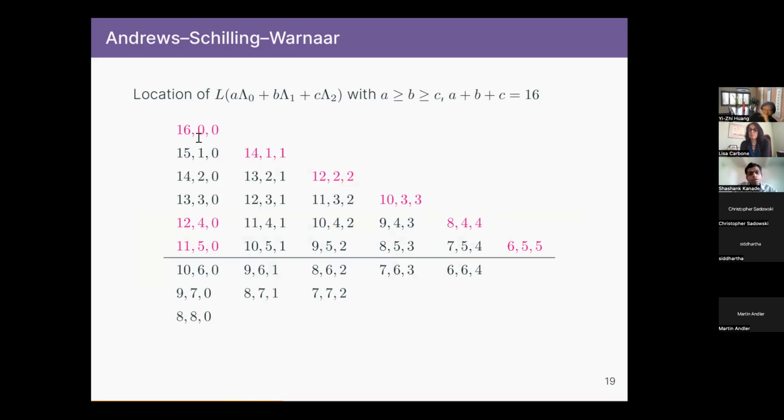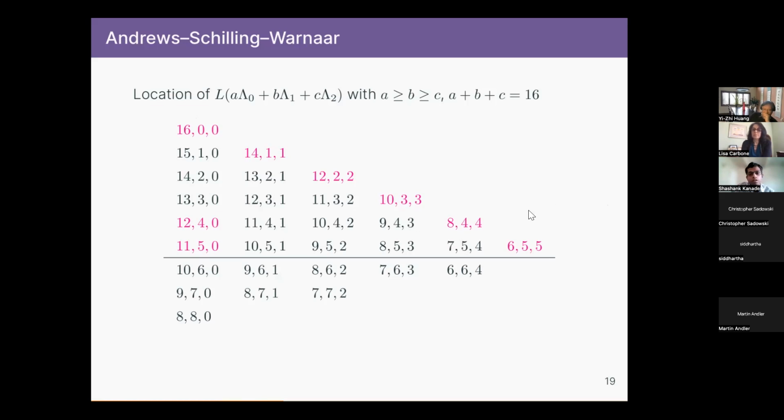What Andrews-Schilling-Warnaar found out were some sites on this diagonal, and then a couple of isolated cases down here. I think this arrangement is also equally important as all the theorems we have proved in my paper with Matthew. It really tells you how these identities are going to look if you try to fill in these things. So I'll now tell you what we figured out.